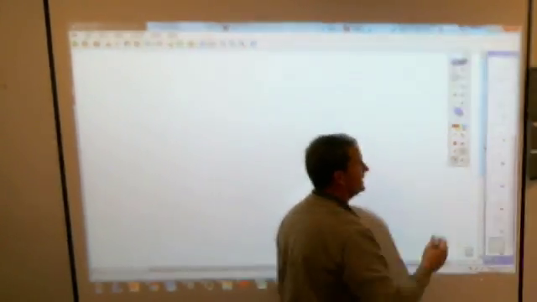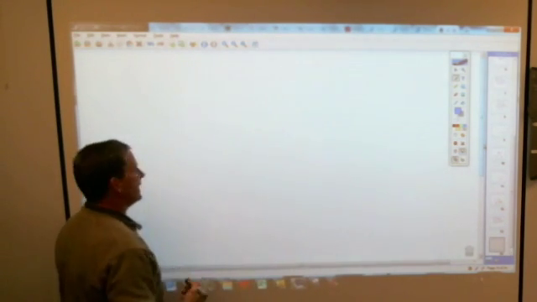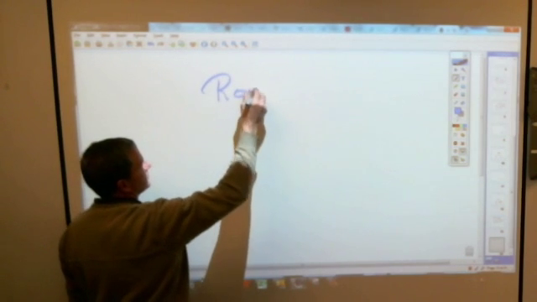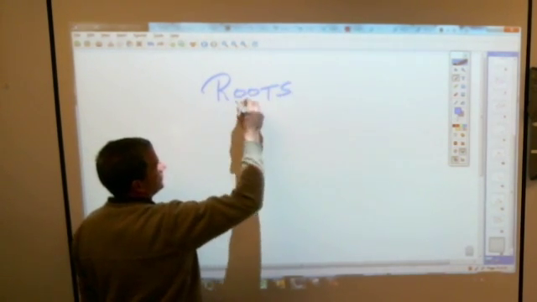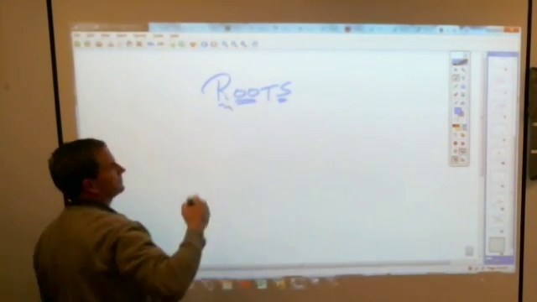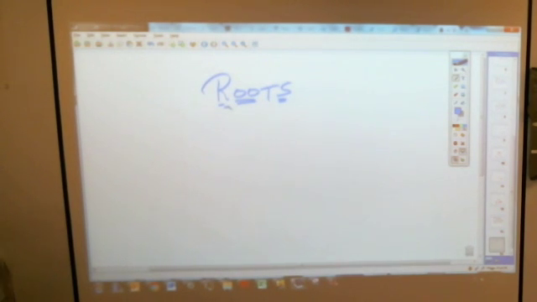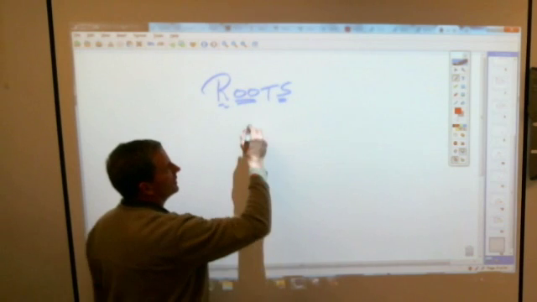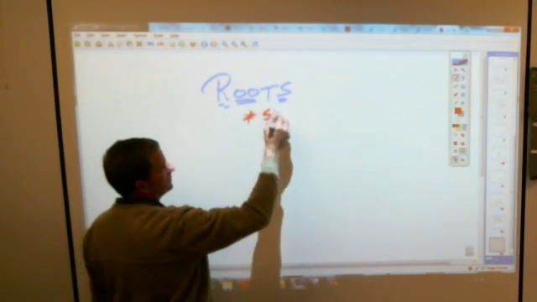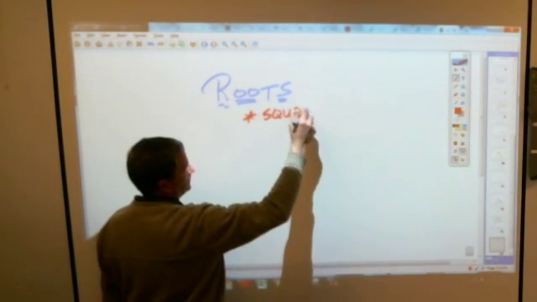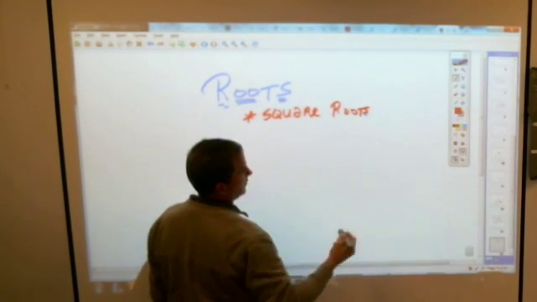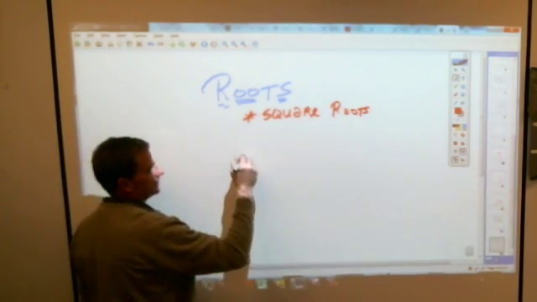Along the same lines, the opposite of exponents and powers are what we call roots. In particular, today, we are talking just about square roots. And square roots look like this.